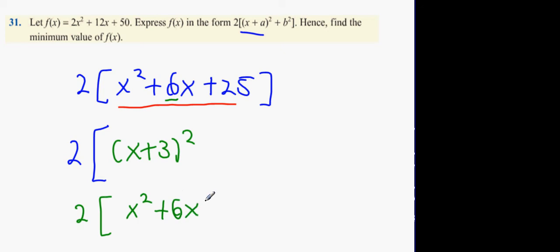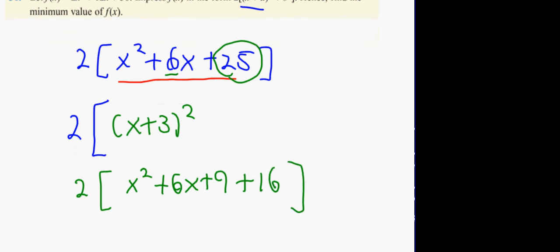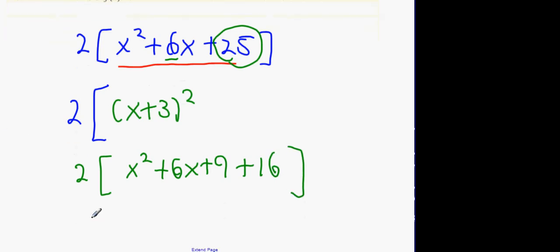The problem is we didn't have a 9, we had a 25. How do we fix that? Plus 16. Now revert it back the way it was, and you get 2 times (x plus 3) squared, which accounts for this part here, and you have your 16 at the end.